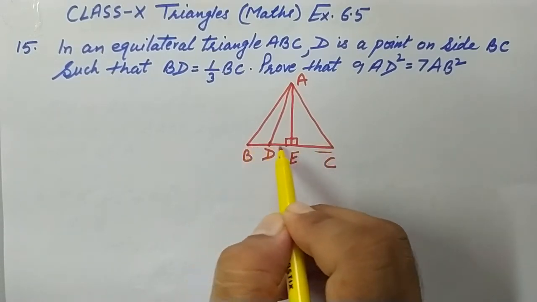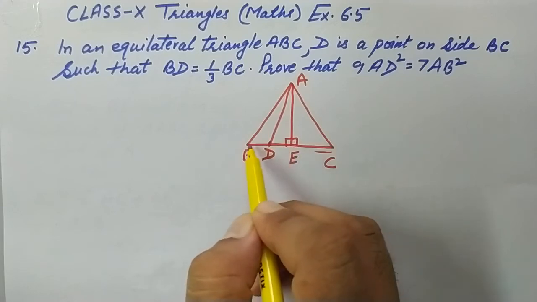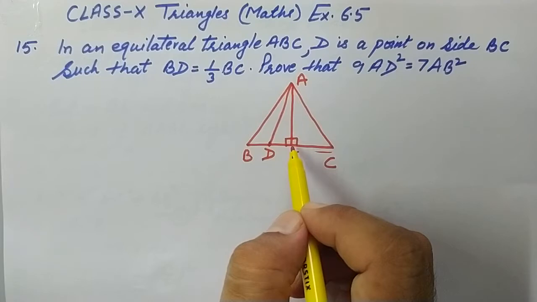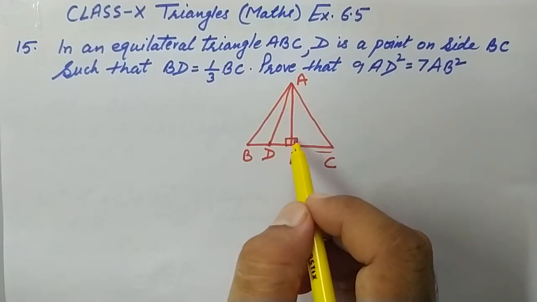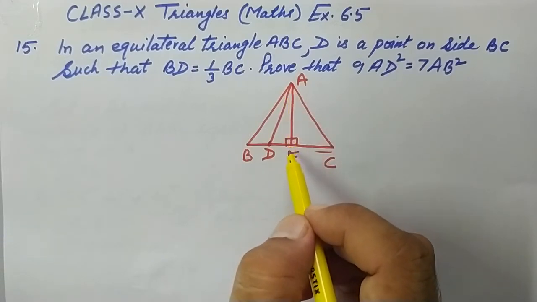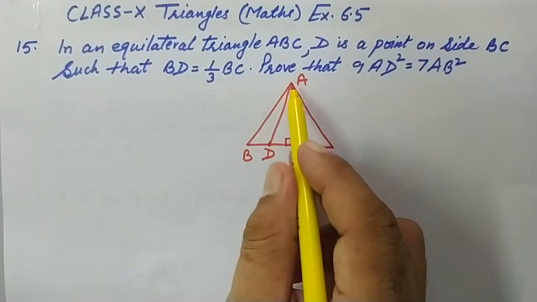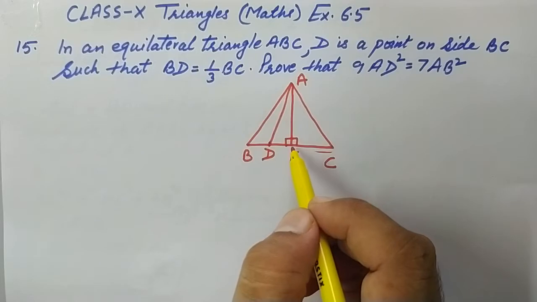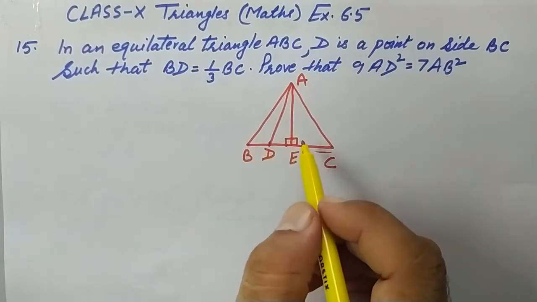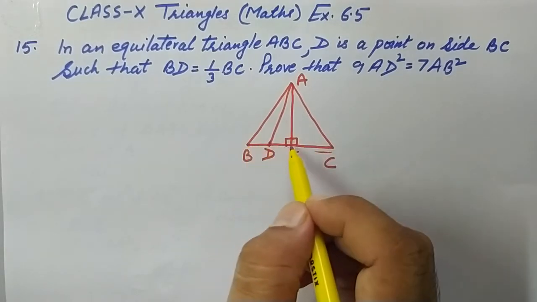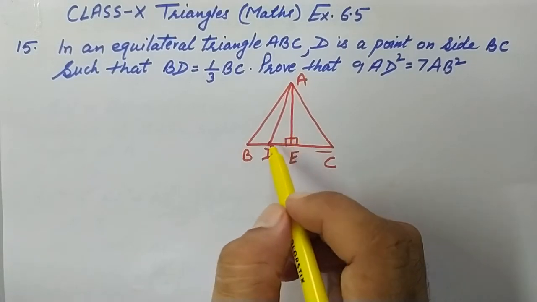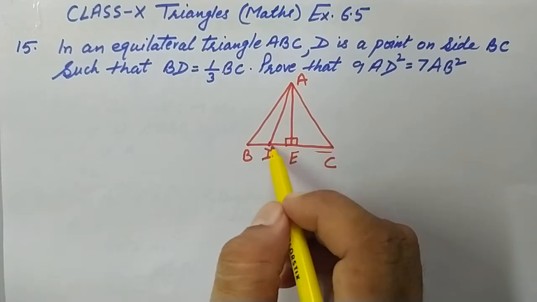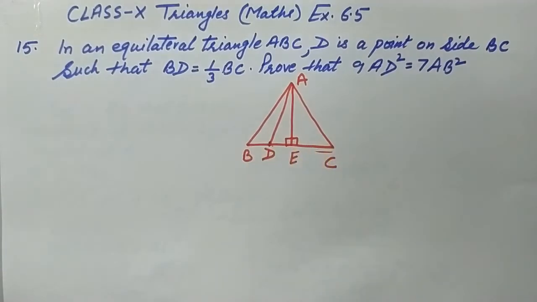We know BE is half of BC, because in an equilateral triangle, if you draw the perpendicular, that is acting as a median also. So this is perpendicular or altitude you can say, and this is acting as median also. If it is median, then BE is half of BC, right? E will be the midpoint. So we have to find out the relation between DE and BC, right? This is our work.